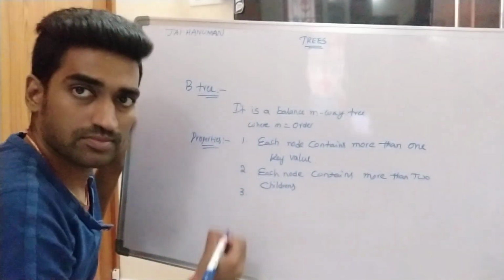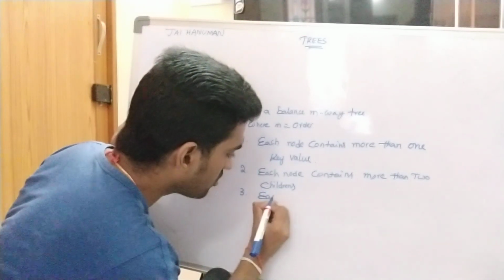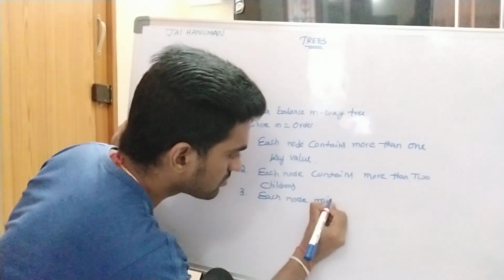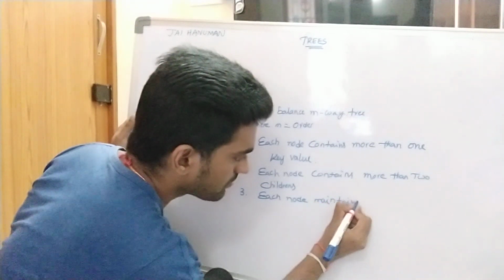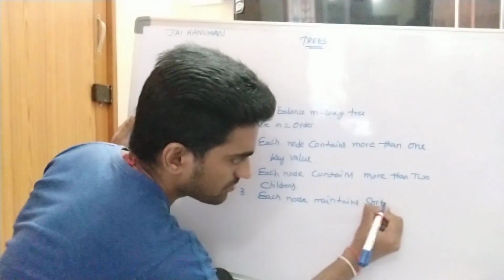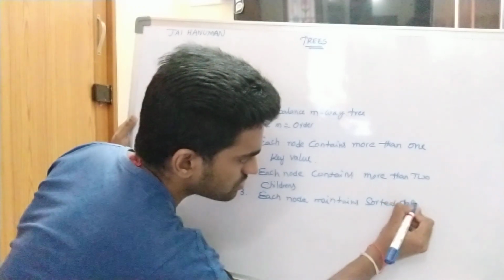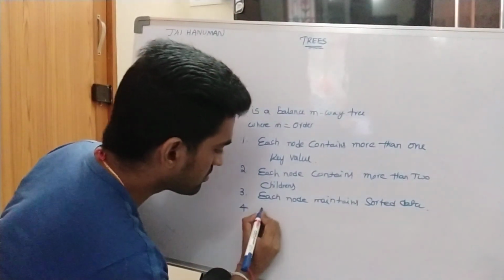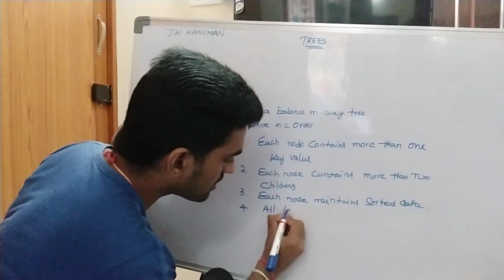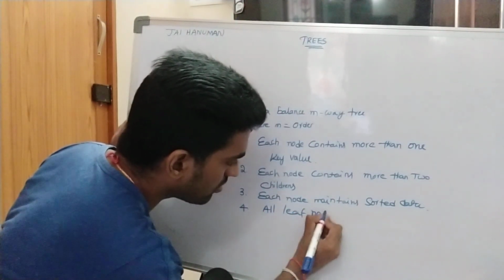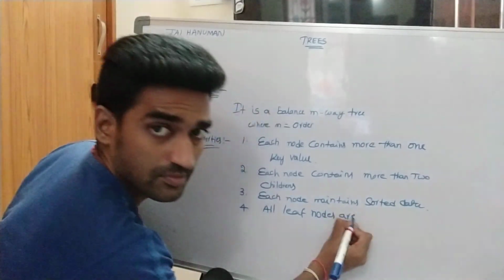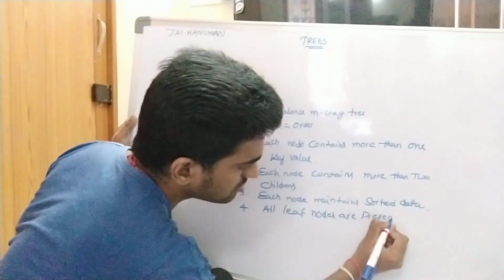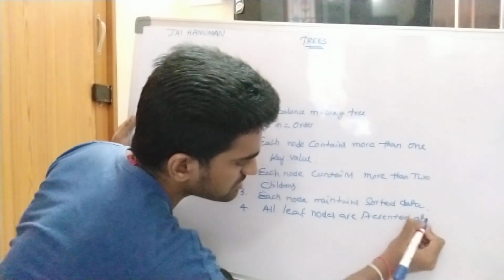Third property: each node maintains sorted data. Fourth property: all leaf nodes are present at the same level.